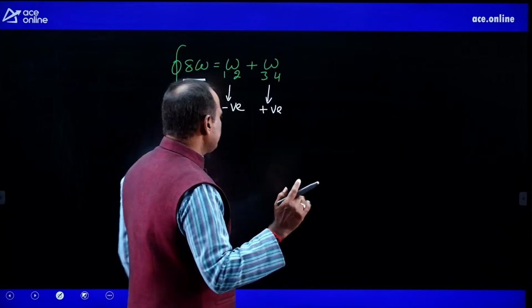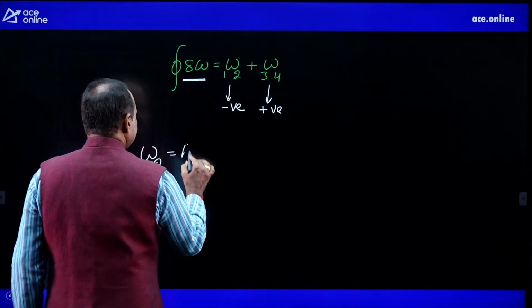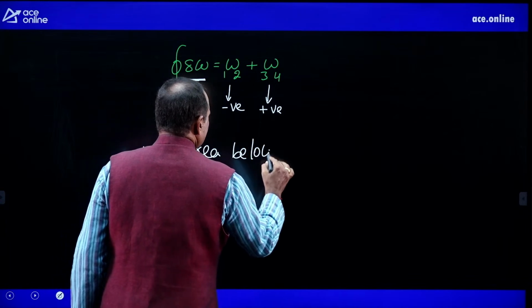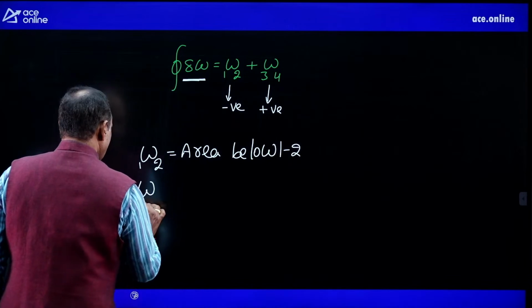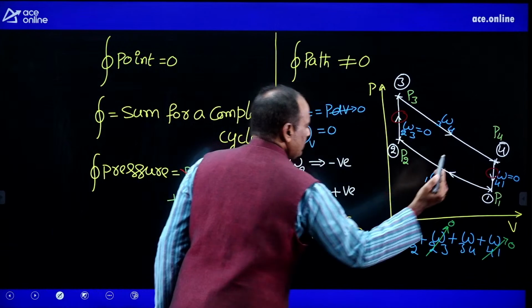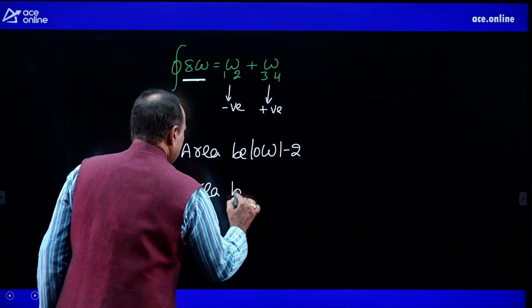Okay, let me write that point. Work for 1-2 is equal to the area below 1-2, whereas work for 3-4 is the area below 3-4.